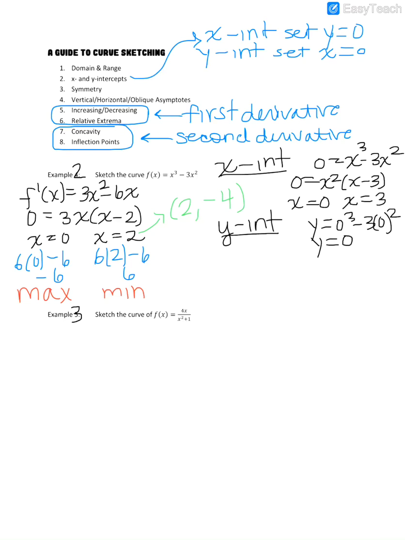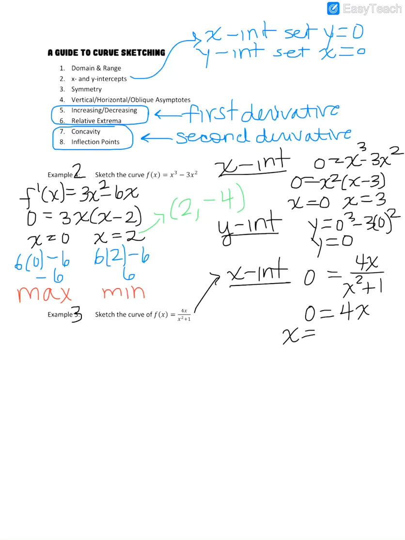First we'll find our x intercepts. That would be where I set my y equal to 0. Since I have a fraction, my denominator does nothing to help me equal 0, so I'm just going to set the numerator equal to 0.